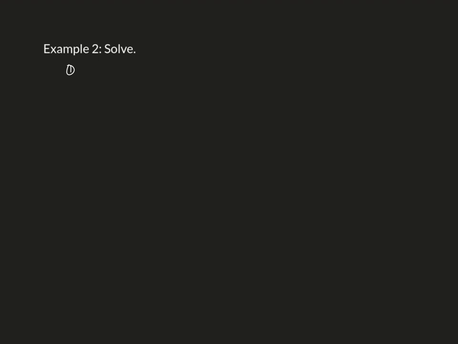Okay, so problem number 1, we are going to have log base 2 of 32 equals x. The first step that we want to do here is to rewrite in exponential form.